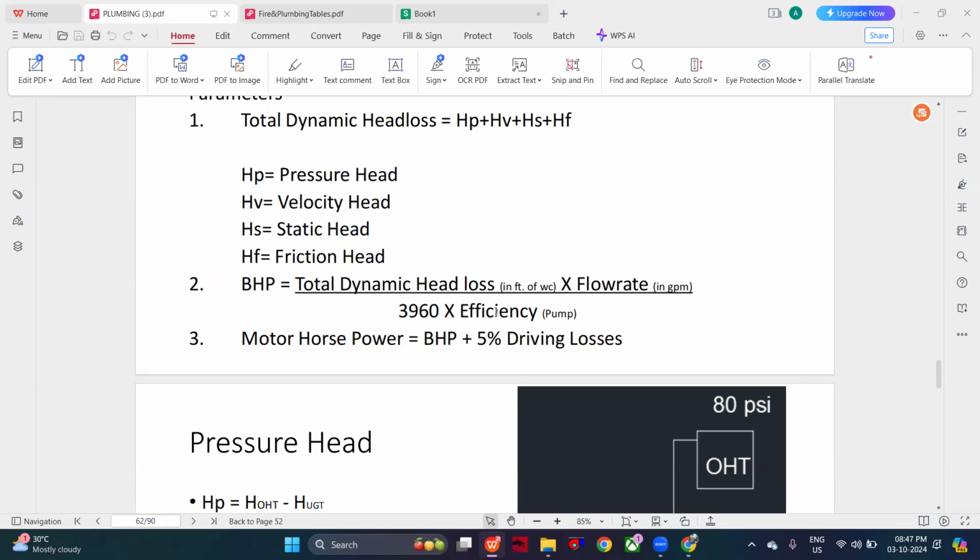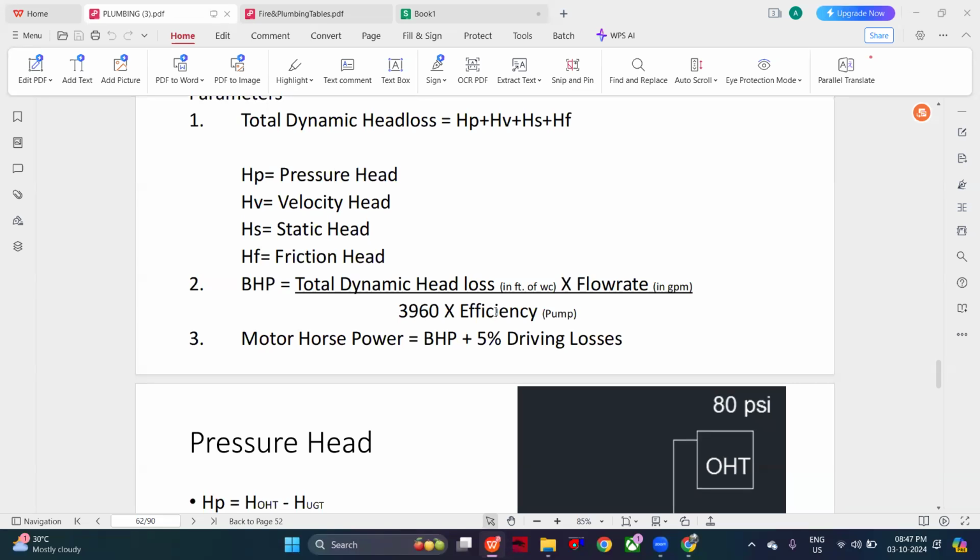Total dynamic head loss is in feet of water column. The unit is an important one. If we get it in PSI or whatever, we have to convert into water column. And the flow rate is in GPM, gallons per minute. And 3960 is a constant.